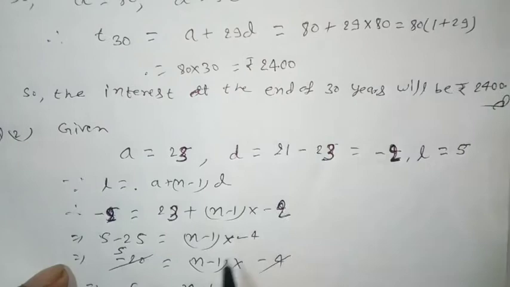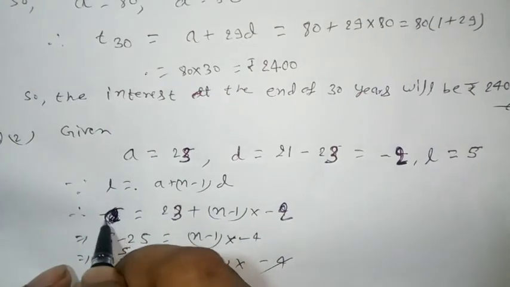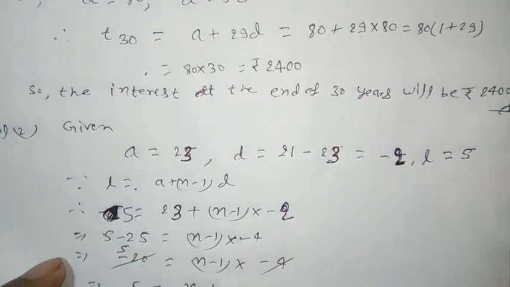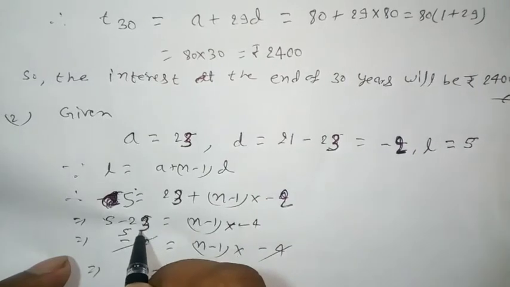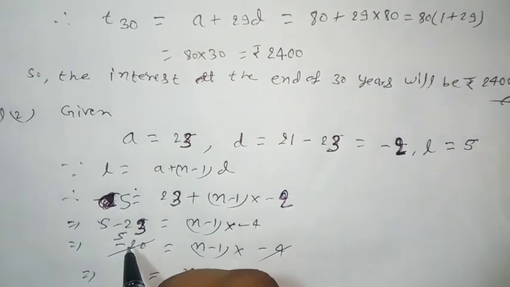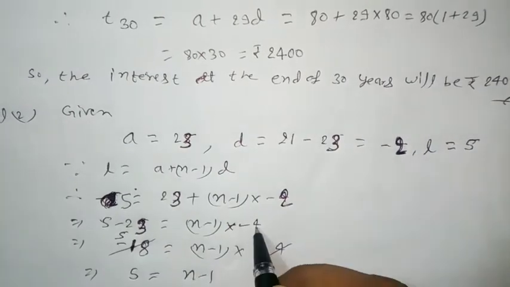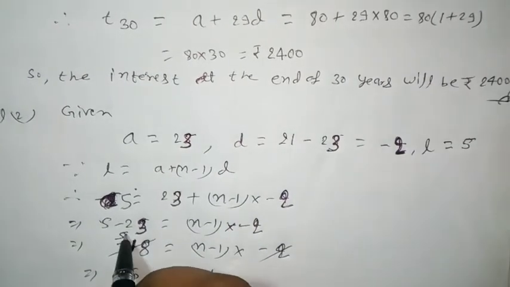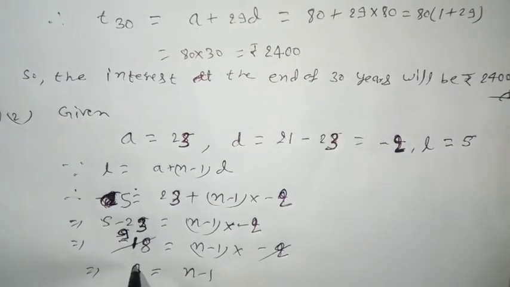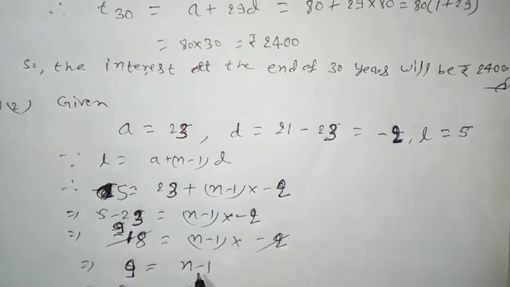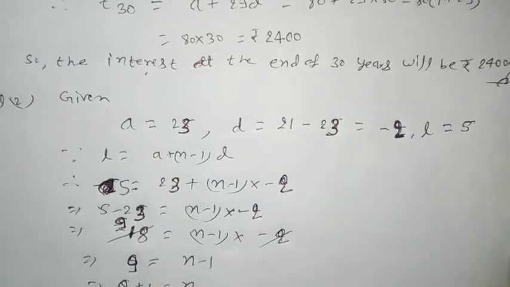L is equal to 5, here A is 23, 5 minus 23 is equal to minus 18. Here minus 2, 2 9s are 18, so we write here 9, minus minus cancel, n minus 1 is 9, 9 plus 1 is 10, n is equal to 10.